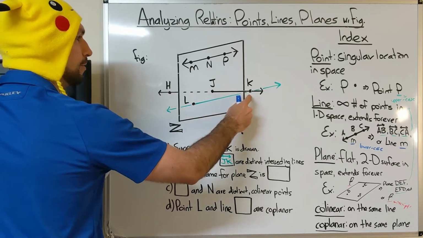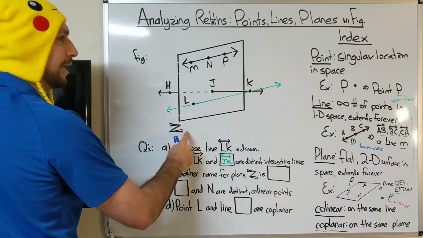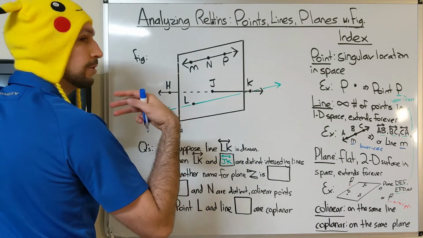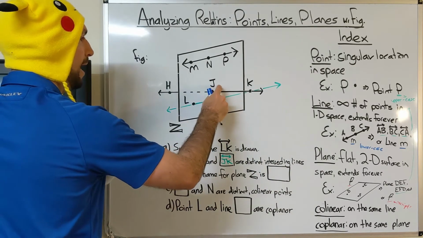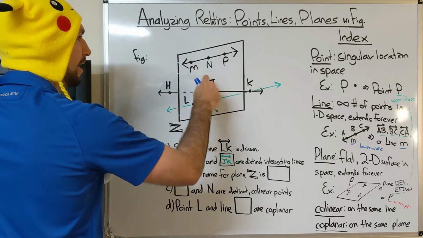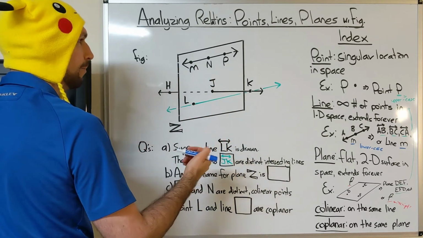I cannot use point K or H since they aren't on plane Z. So I'm just going to choose 3 non-collinear points, M, J, and L. Now it is obvious that M, J, and L don't form a line, so I'm allowed to use those to name this plane.